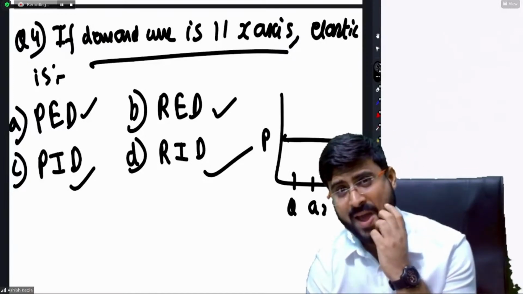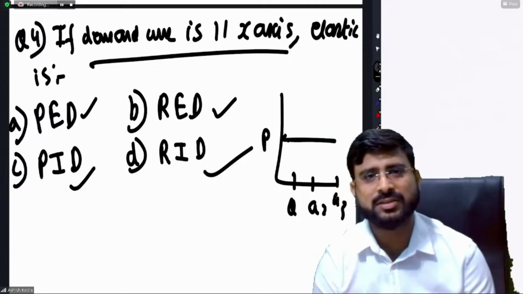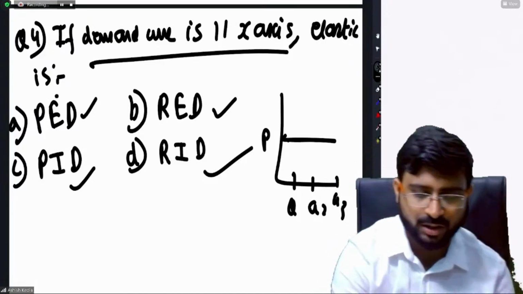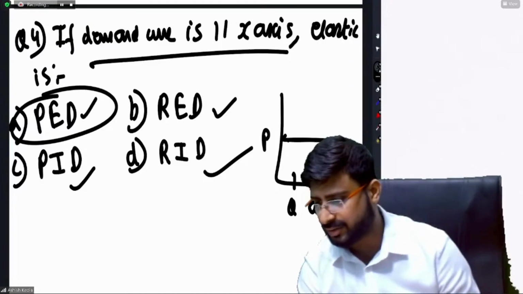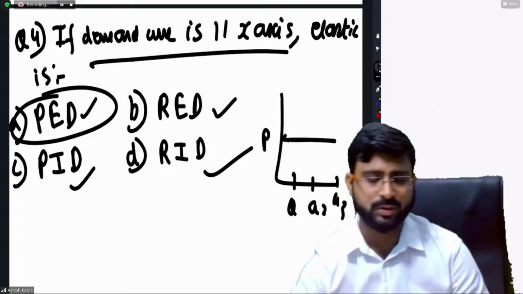It is perfectly elastic demand, because quantity is changing. So A is the answer here. Perfectly elastic demand. Very good.